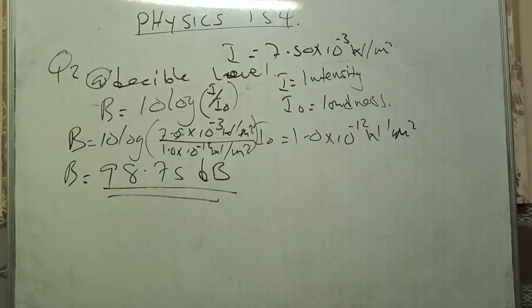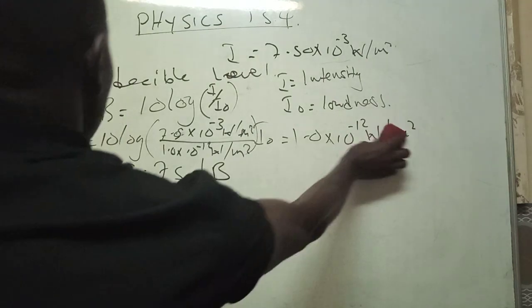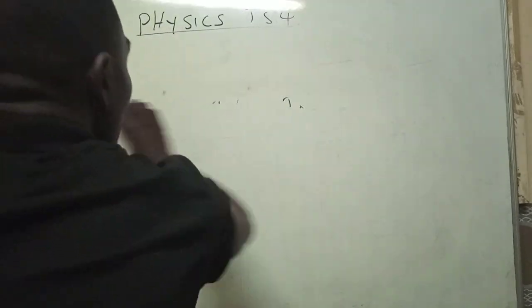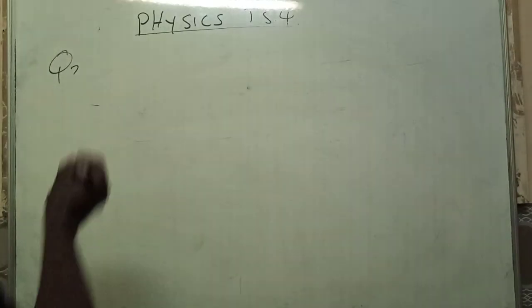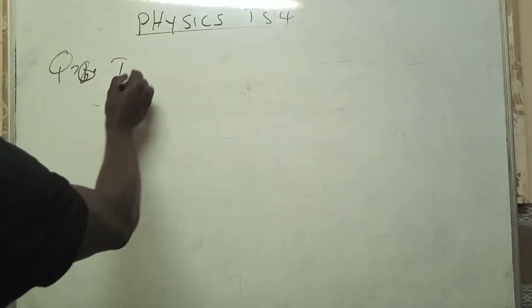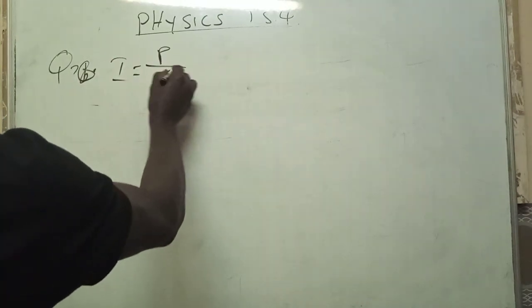Okay, then B is saying, find the sound intensity at a distance of 35 meters, assuming the sound propagates as a spherical wave. We're on question 2B now. As we know, intensity is equal to power over area.